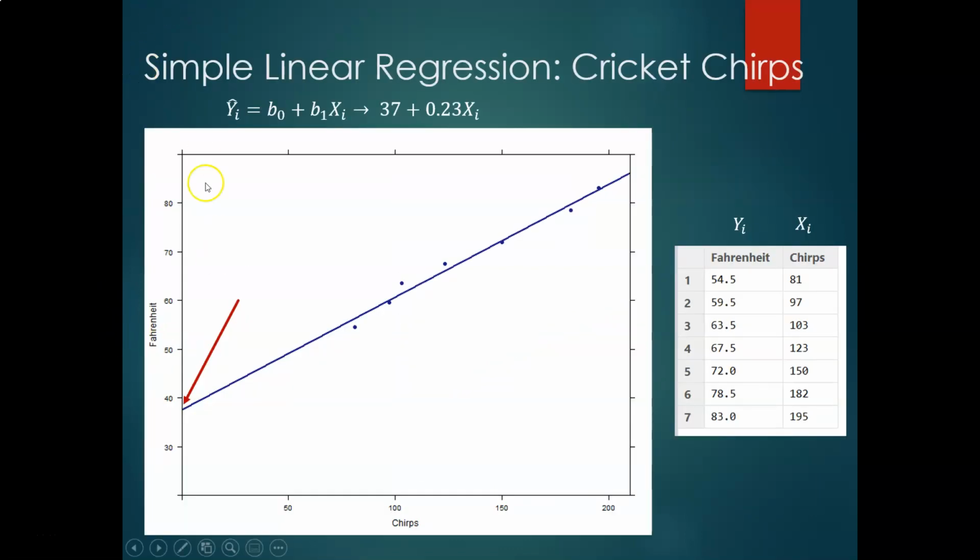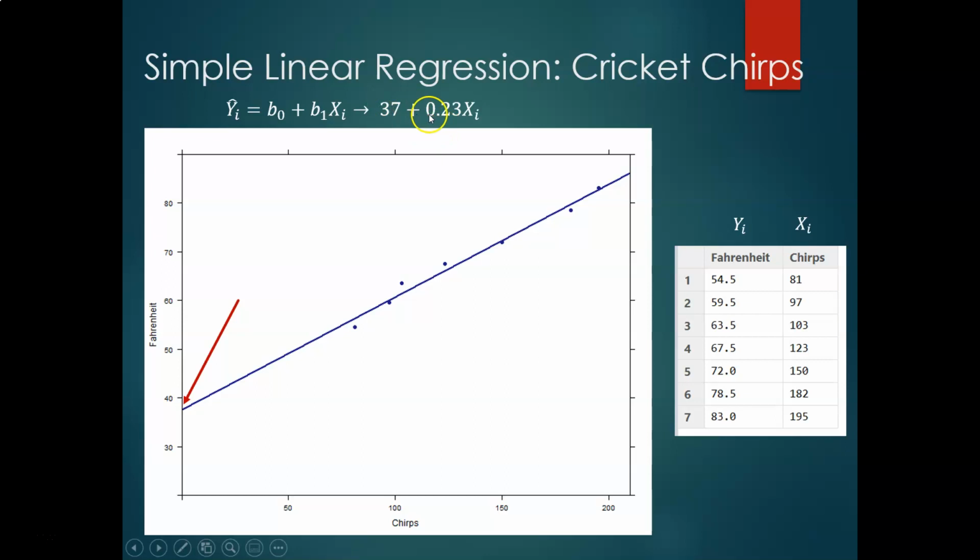Okay, so here is simple linear regression using cricket chirps. We start at 37 because that was our intercept. Then for every step over from 0 to whether it be 50 or 100, we increase by 0.23. So assume x is 0. That's going to zero this whole section out, and we're going to get 37. Assume x is 1.